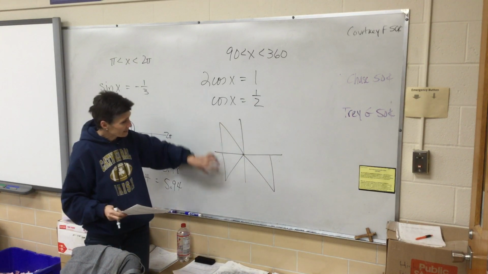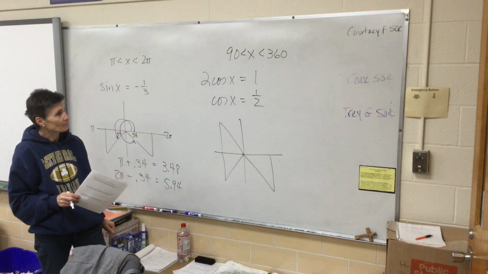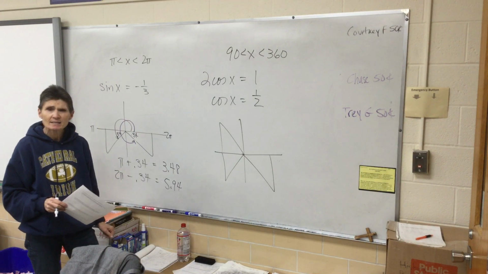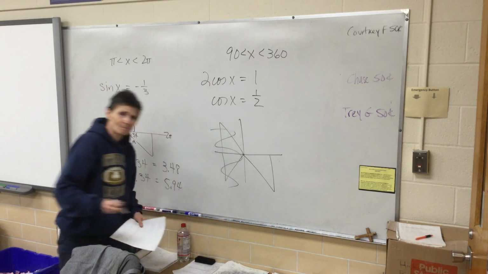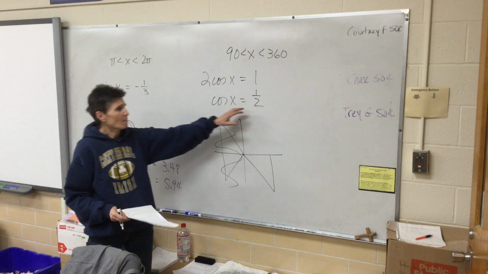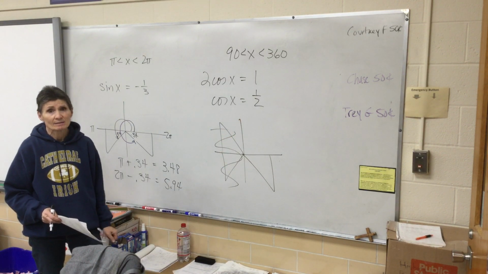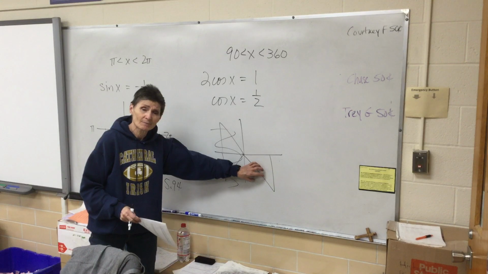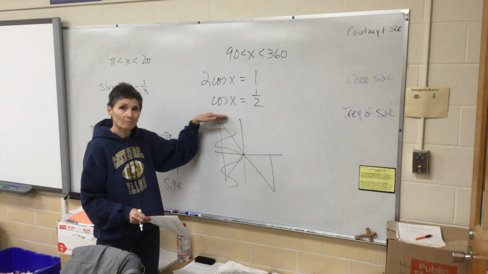So 90 to 360 would be everything except quadrant 1. And the cosine is a positive 1/2. It can't be over here. If the cosine is a positive number, cosine's x. The only option's right here. Technically, you got all 3 options, but not for this problem.